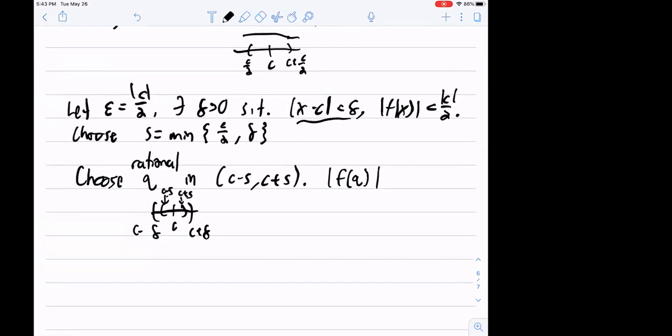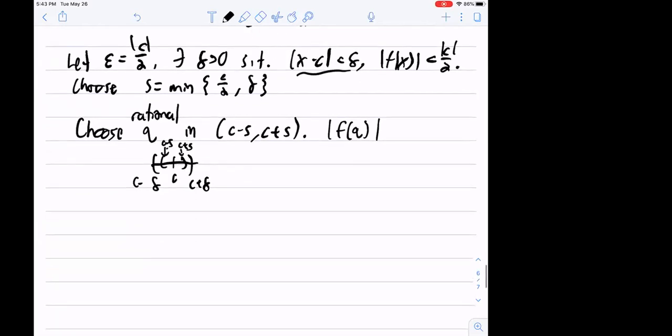If q is in here, this is c minus s, c plus s, and q is something in here. What is this term bounded by? If s is smaller than or equal to the minimum of c over 2, this thing c minus s is bigger than or equal to c over 2.